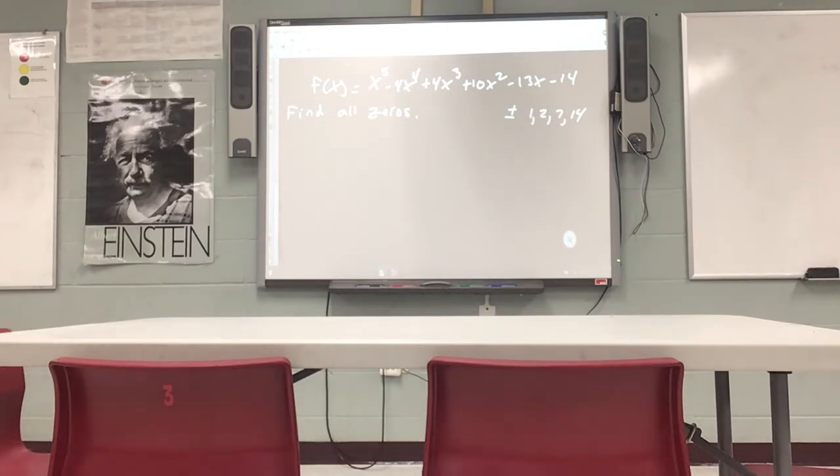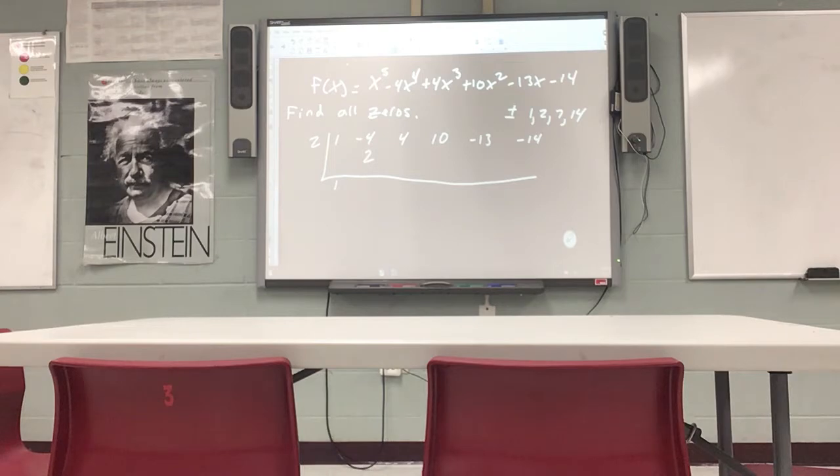2. Let me get my number picker from yesterday set up. I've got 1x to the 5th, -4x to the 4th, 4x cubed, 10x squared, -13x, and -14. So y'all did 2? Yep. Okay, so I'll do 2. 1 times 2 is 2.